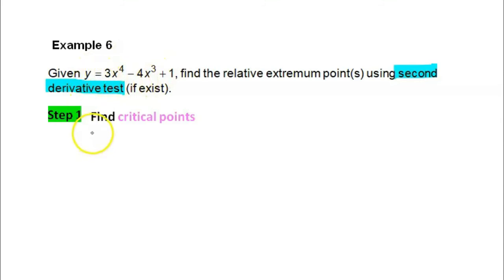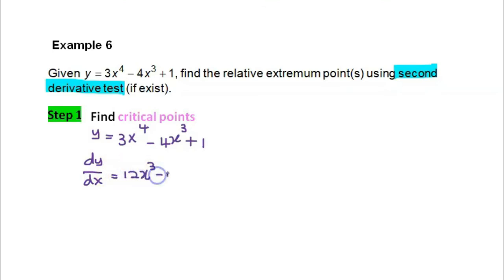For that, we will start by writing the y function, 3x to the power of 4 minus 4x cubed plus 1. We need to find the first derivative of this function, which is dy over dx, where the derivative will be 12x to the power of 3 minus 12x to the power of 2.